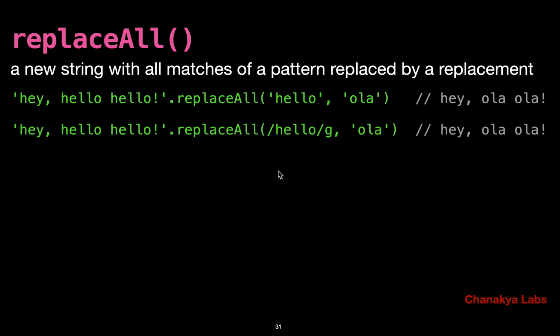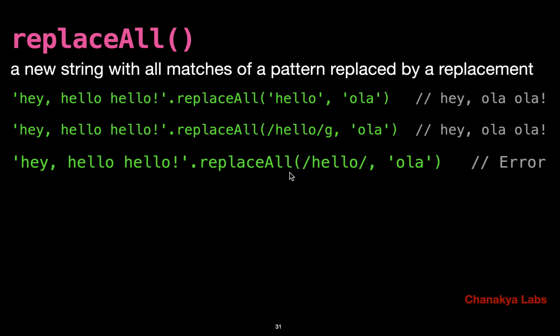Okay, so that restriction holds here also. Okay, so yeah, that is fine. Let's see the next one. This string, and we do replace all hello. Okay, so yeah, you see that we are saying this is replace all, and then we are not providing the g flag, and that's why this is giving us an error, right?